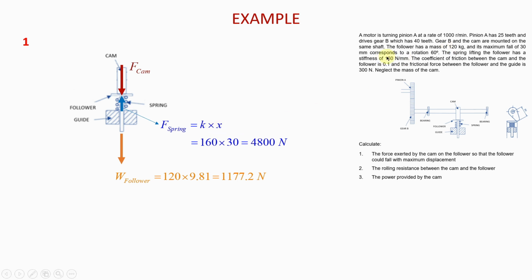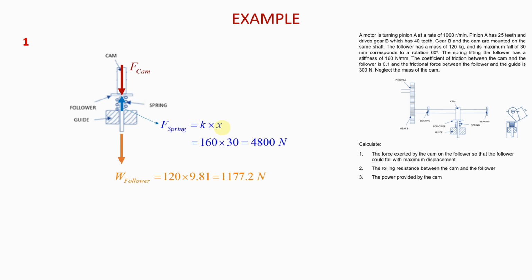If the stiffness of the spring was given in newtons per meter, then you will need to have a deformation in meters, okay? So the units must be consistent. If the stiffness of the spring is in newtons per millimeter, the deformation that you have in this equation must be in millimeters.